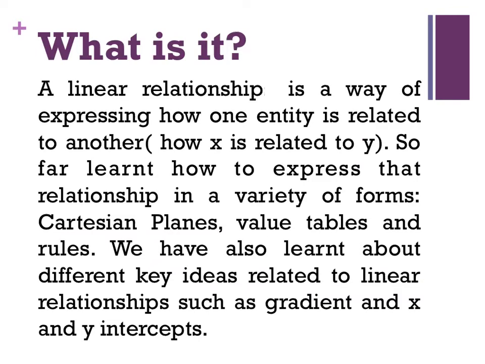We've looked at a lot of different ways that we can express these relationships. Another thing we already know: if I draw a line, which is essentially a linear relationship, I know key things about it. Things I've learnt so far include intercepts. That line will intercept both an x and a y axis at a certain point, depending on what the relationship is.